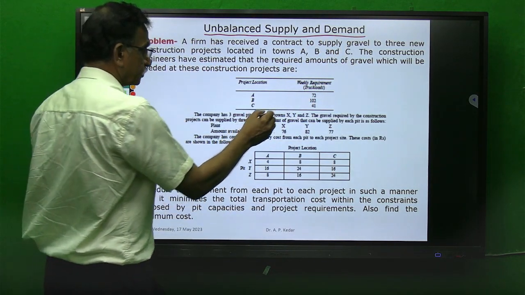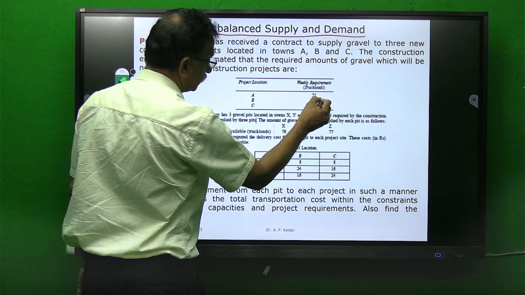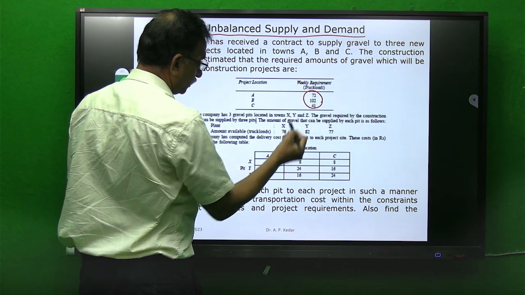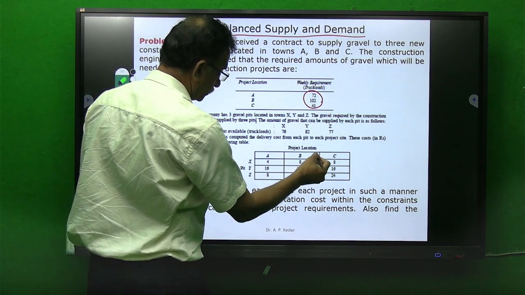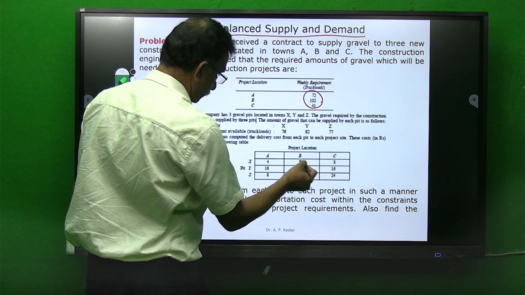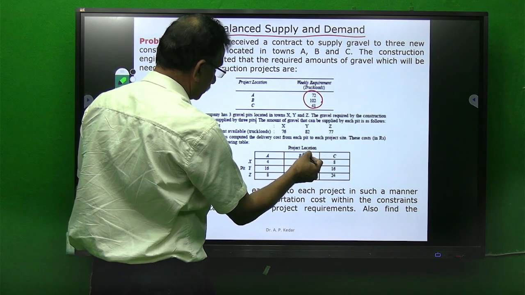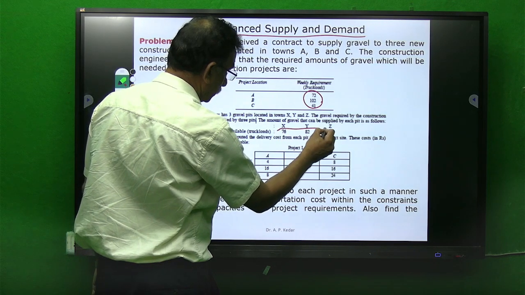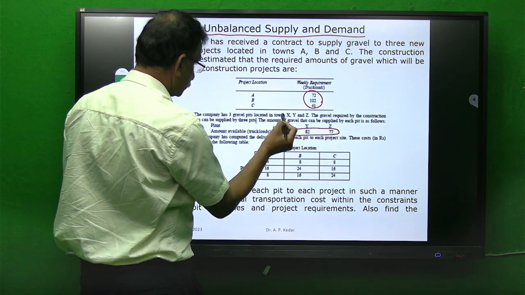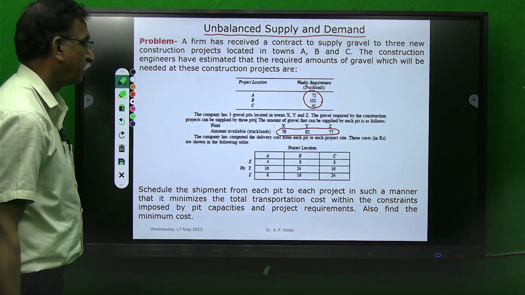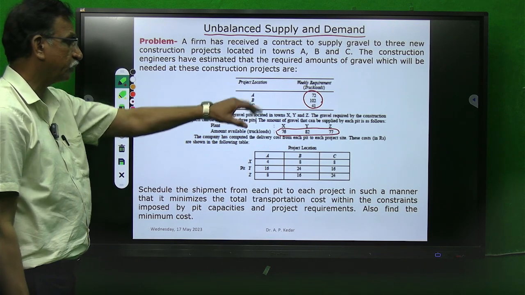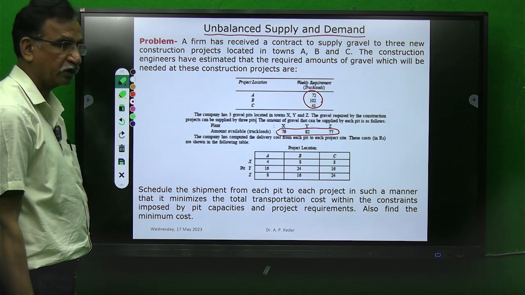If you sum up this requirement, demand, and these values from the pickup locations, one is giving you supply and another is giving demand.